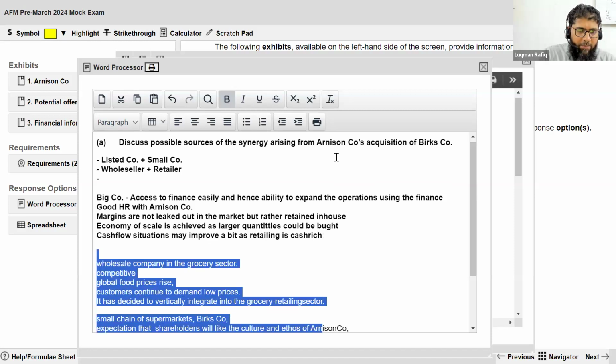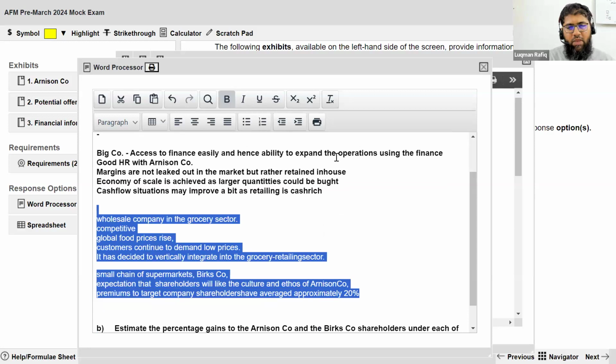Now, see what happens is that there is actually nothing mentioned in the question technically, and you just have to try and make sure that you identify things on your own.